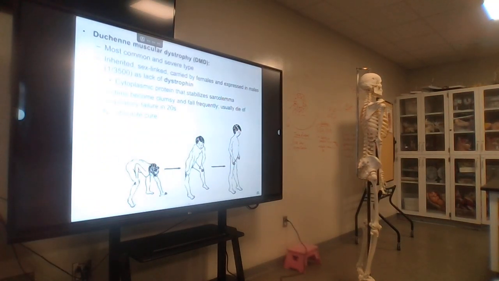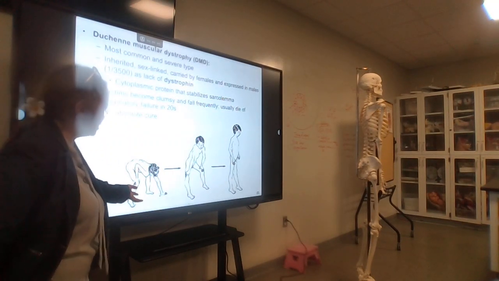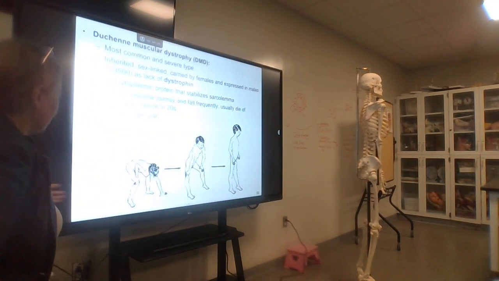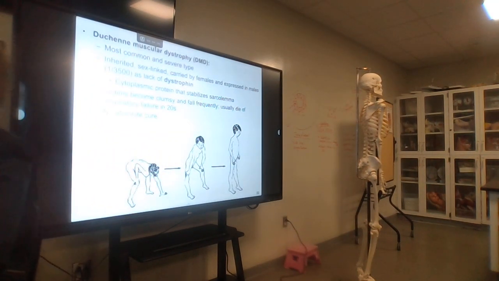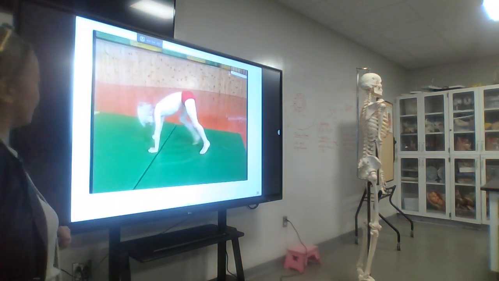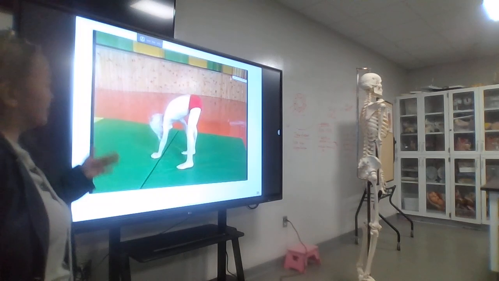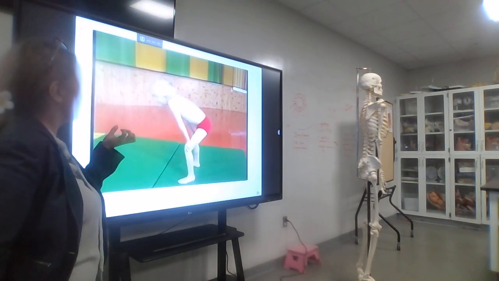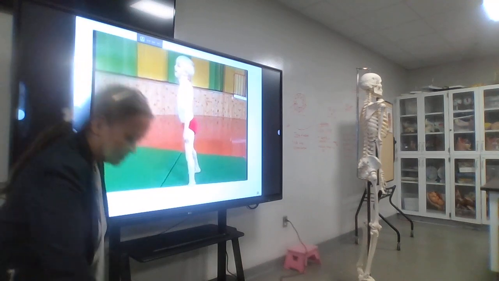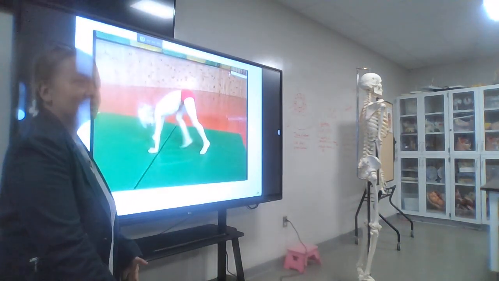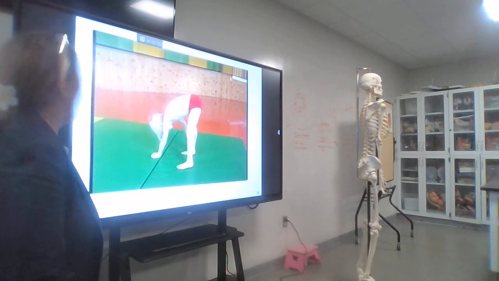You could see here a child using his hands to climb up his knees just to stand up. This is a typical feature of Duchenne's. I think I have a GIF right there. A child with very weak, atrophied muscles. Atrophy means the muscle shrank. And just to stand up, he needs to walk his hands up his legs and thighs.